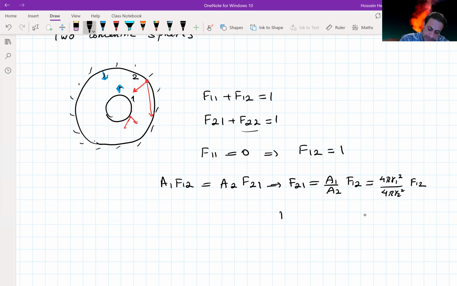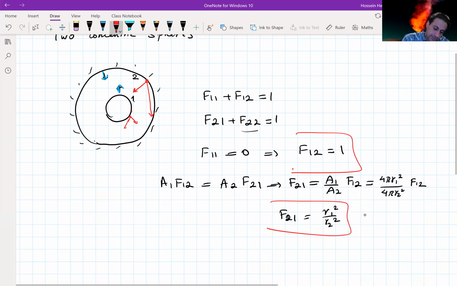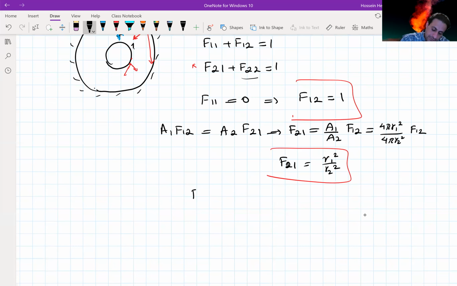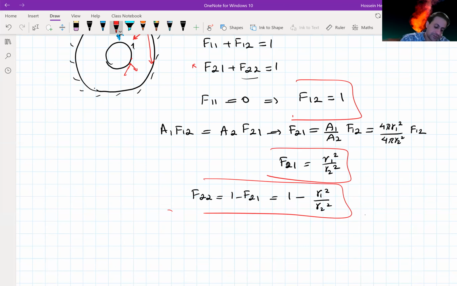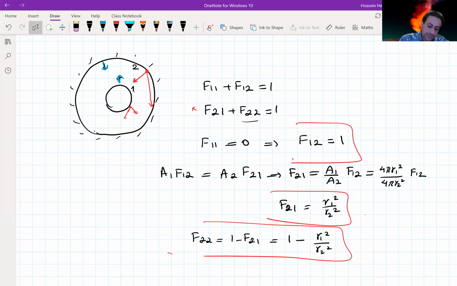So here I have f21 equal to r1 square divided by r2 square. Then I can use the summation rule and find f22, which is 1 minus f21, equal to 1 minus r1 square divided by r2 square. So this is for a simple geometry where we can find the view factor.